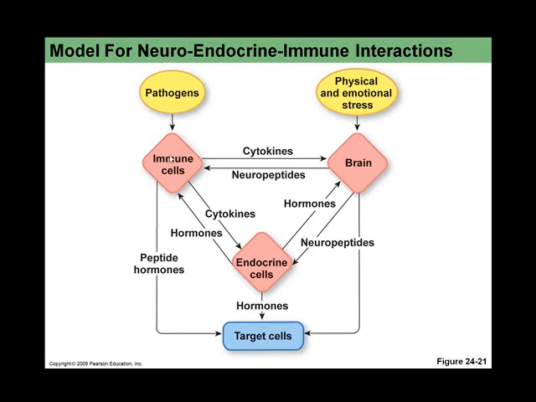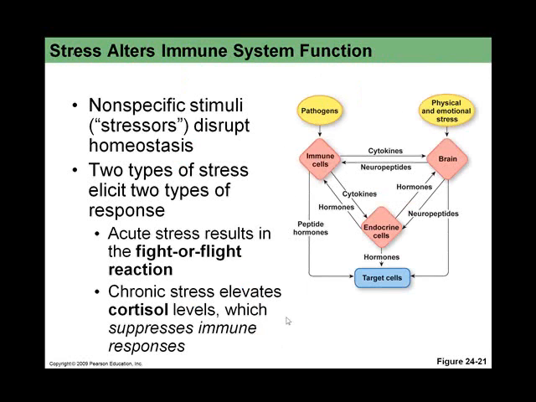And then hormones from the endocrine cells affect the immune cells, and the cytokines from the immune cells affect the endocrine cells. So hormones, therefore, can have other tissue target cells producing other types of effects, as well as certain protein hormones.